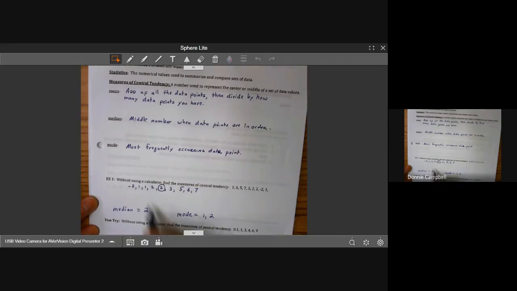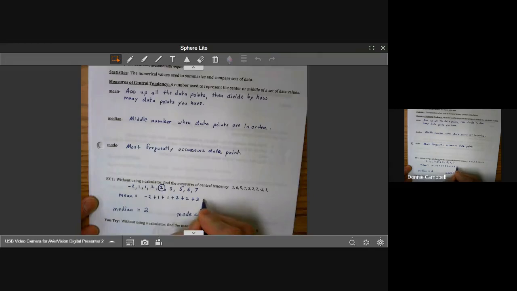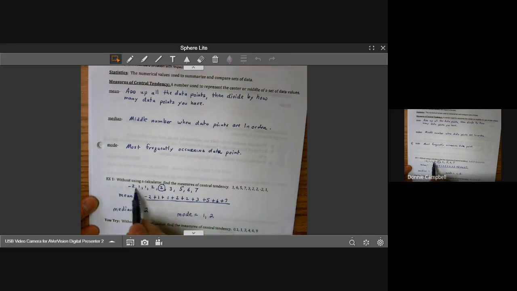We've got to add all these numbers up to find the mean and then divide by the number. So the mean equals -2 plus 1 plus 1 plus 2 plus 2 plus 3 plus 5 plus 6 plus 7, divided by the total numbers. We got 2, 4, 6, 8, 9 numbers.